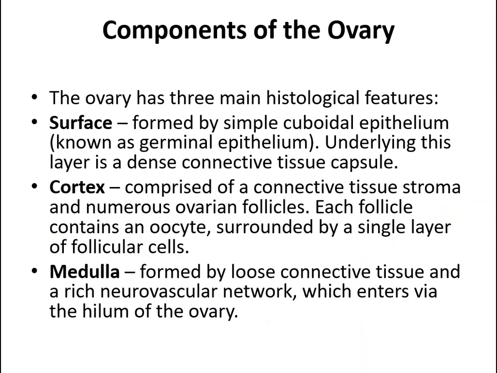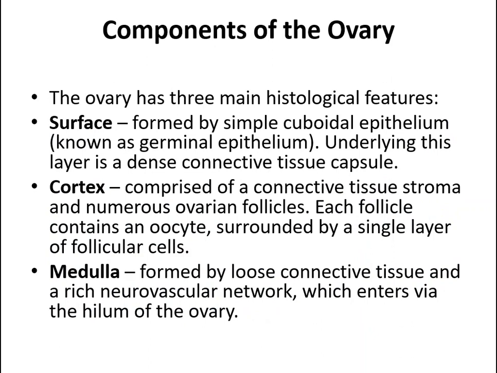Under the surface, the cortex layer will be there. The cortex is comprised of connective tissue stroma and numerous ovarian follicles, and each follicle contains an oocyte surrounded by a single layer of follicular cells.